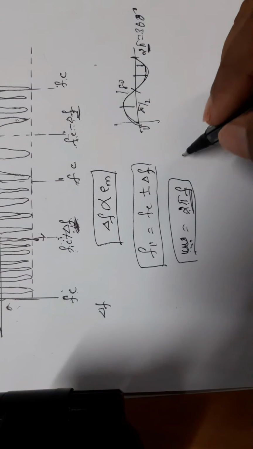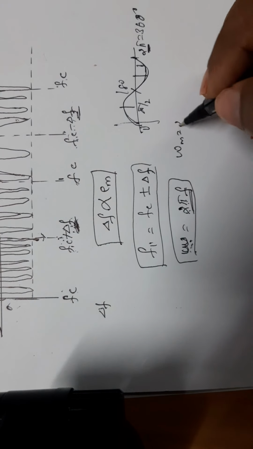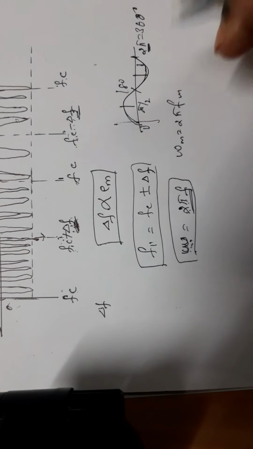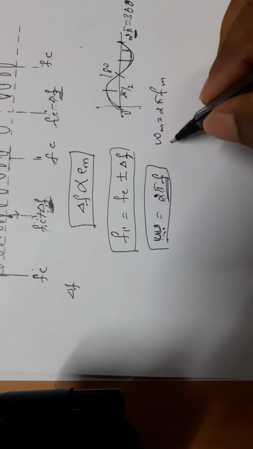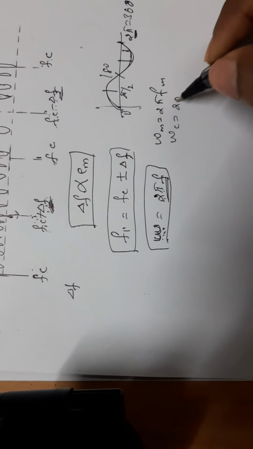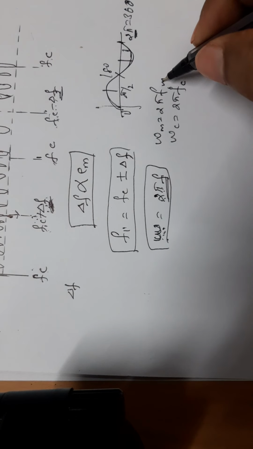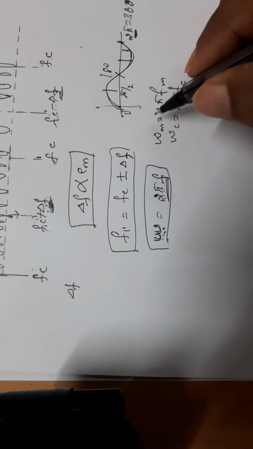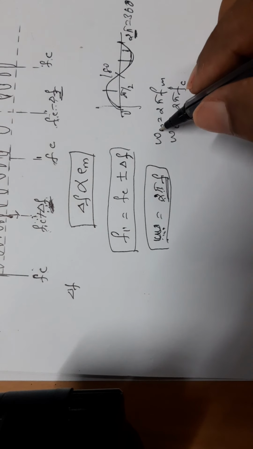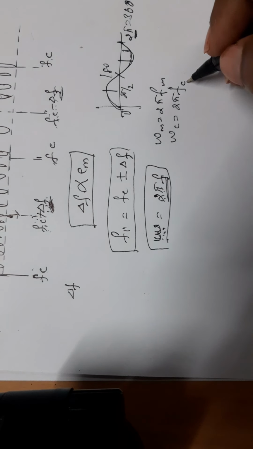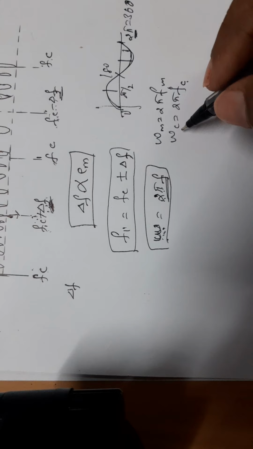Similarly, what is omega m? Same. It is 2 pi fm. Then what is omega c? It is the same, that is 2 pi fc. Fm is the modulating frequency, omega m is the angular modulating frequency. Fc is the carrier frequency, omega c is the angular carrier frequency.